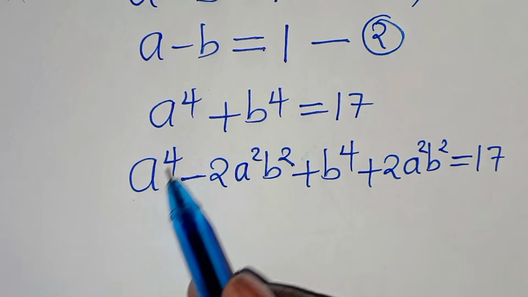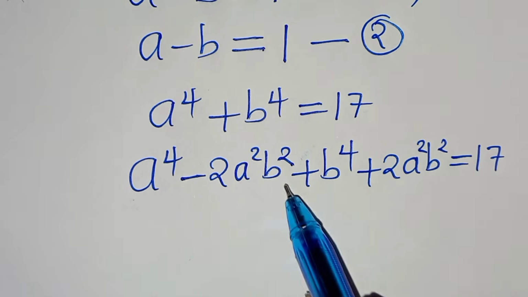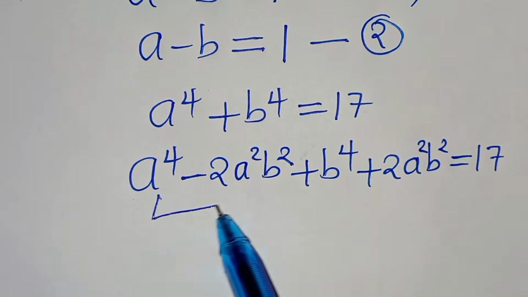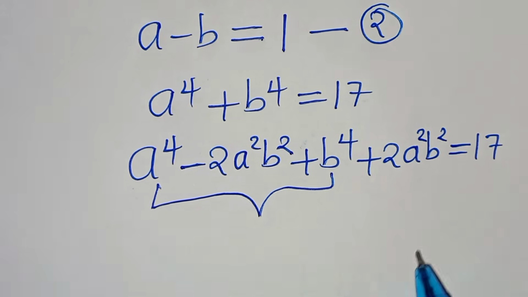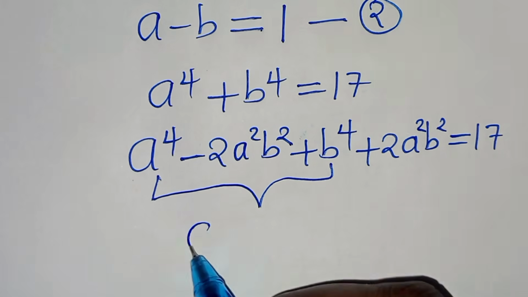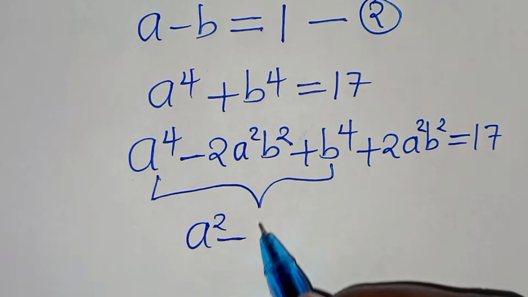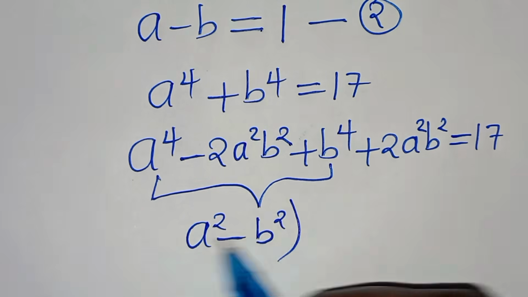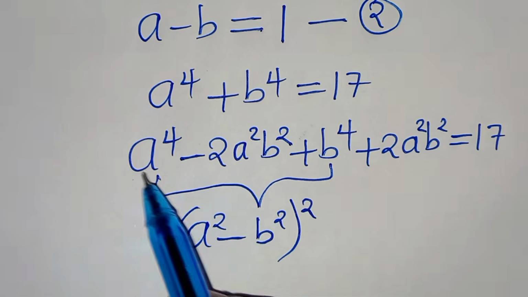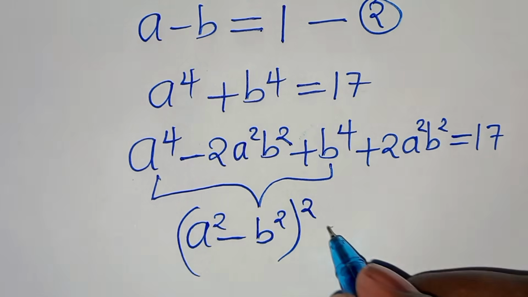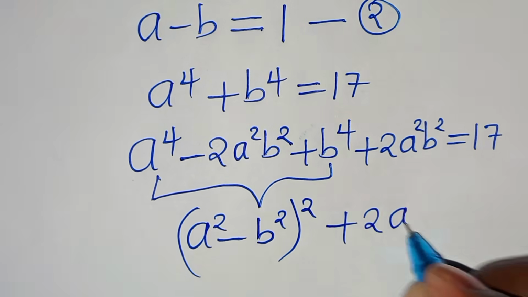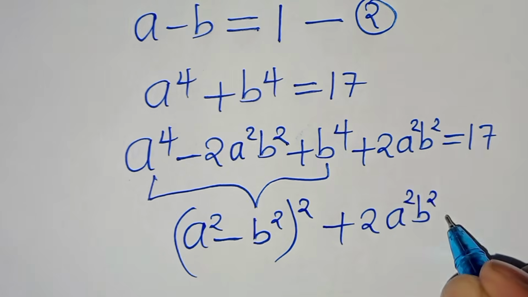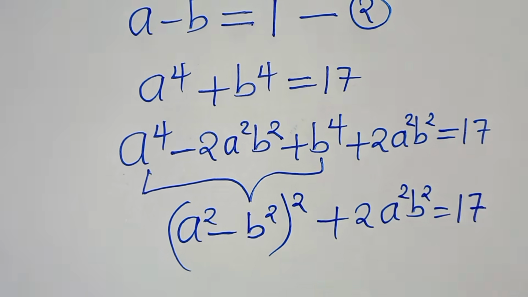Now we have that a to the power of 4 minus 2a squared b squared plus b to the power of 4, we can express this part as a squared minus b squared raised to the power of 2, and we obtain back this equation. Then plus 2a squared b squared equals 17.